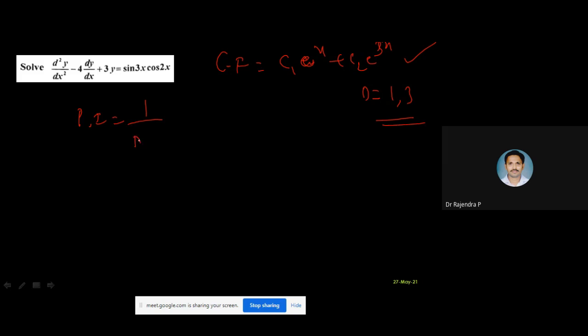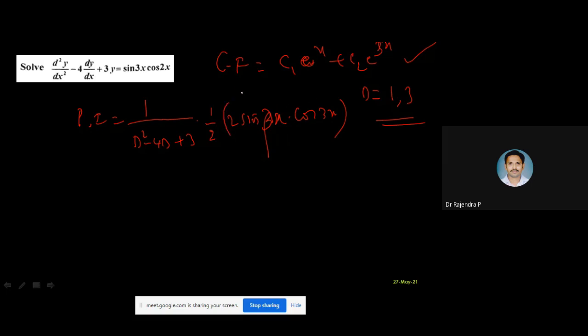1 by D square minus 4D plus 3 into, so what is there here? What is happening? How can we do this? I can write this as 1 by 2 into 2 sin 3x into cos 2x.